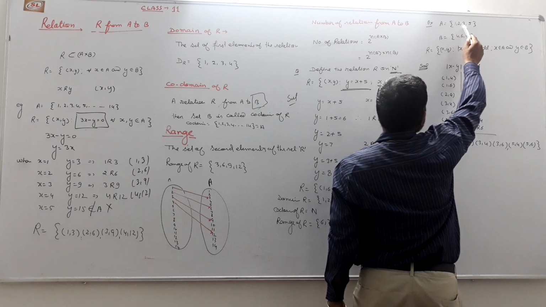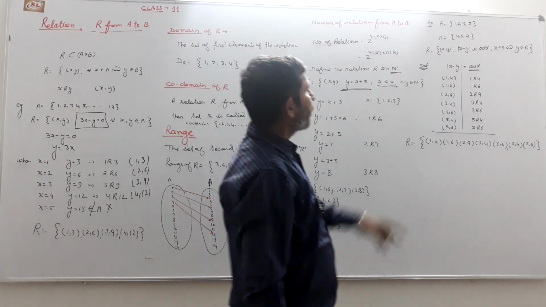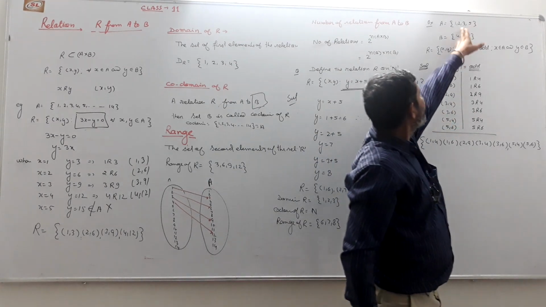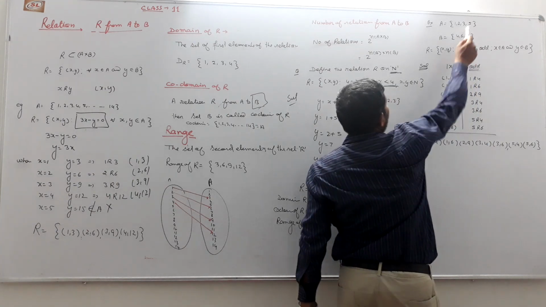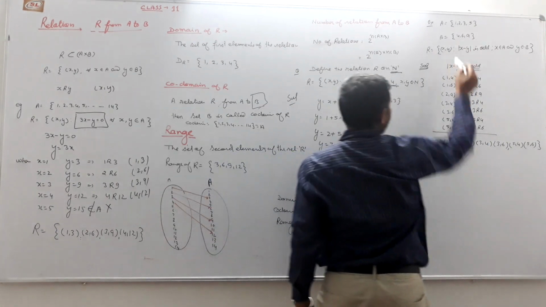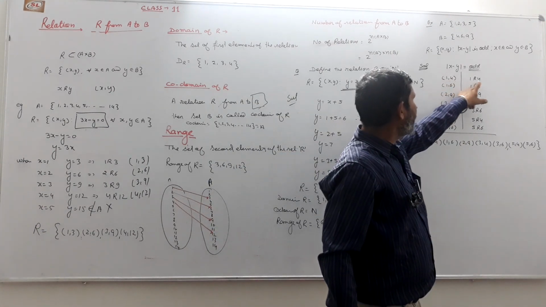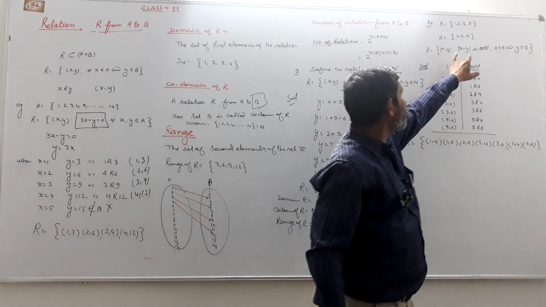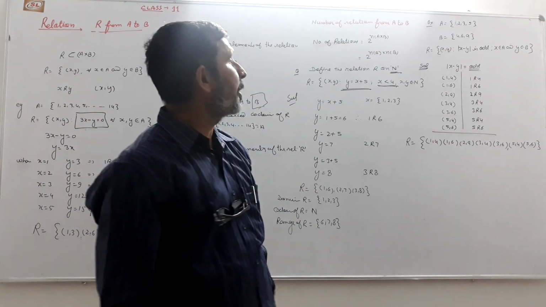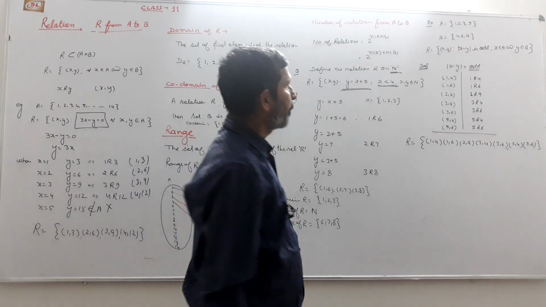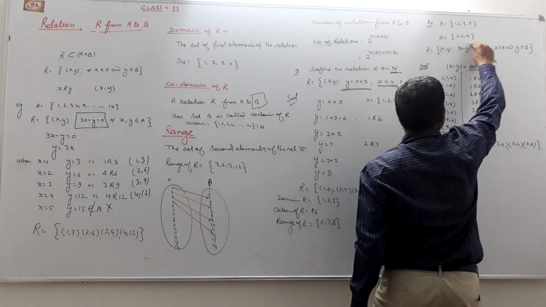Then 3 minus 6 is odd. After this, 5 minus 4 is odd and 5 minus 6 is odd. Therefore 1 is related to 4 and 1 is related to 6, because mod always represents a positive quantity, and the difference of x and y is always odd, because x always belongs to the first set and y always belongs to the second set.